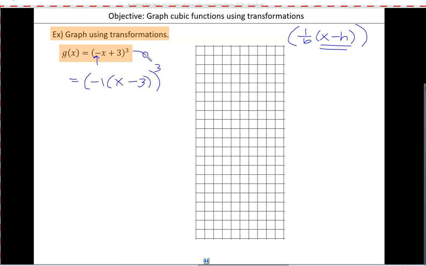And then we still have our cubed on the outside. That's important because we need to make sure we get the correct h value, which is actually +3, not -3, because it's the opposite of the -3 that gives us h. And by the position of the -1, that's our 1/b.